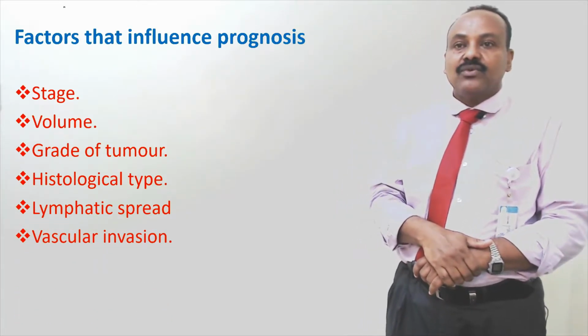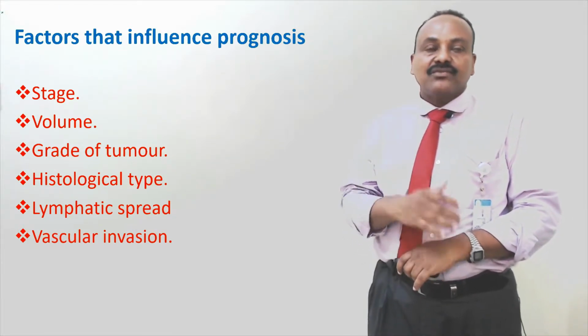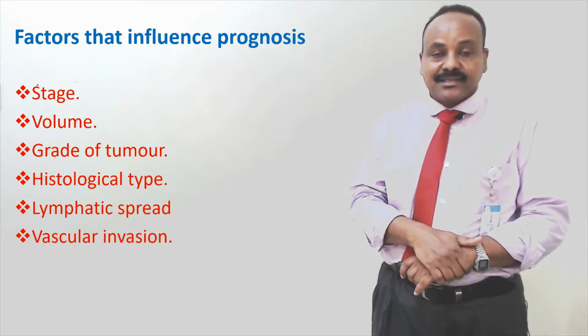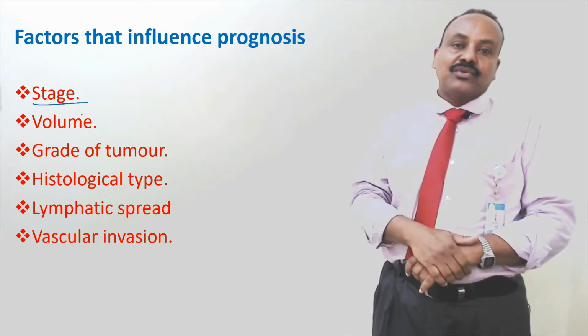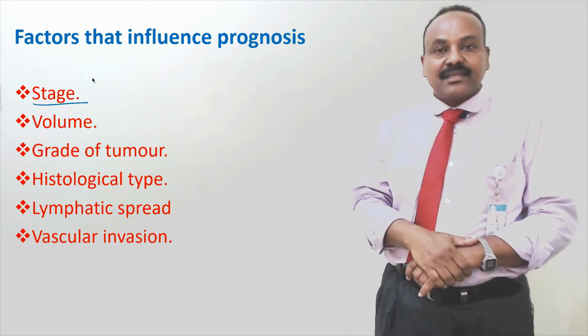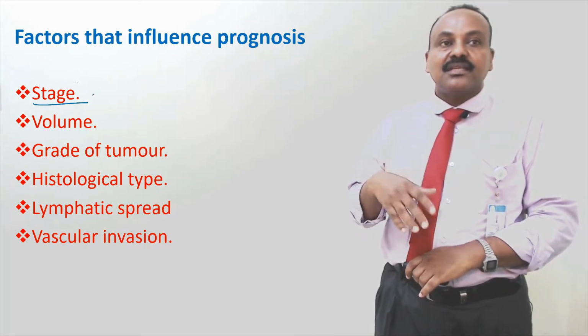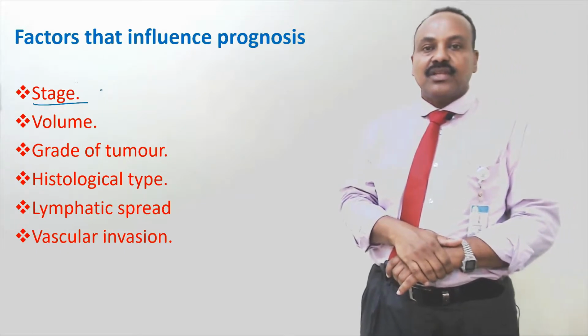Factors that influence prognosis. What are the factors? The stage of the cervical cancer is one of the most important factors that affect the prognosis. For those who come with late disease, stages involving lymph nodes, more tissues, and distant metastasis, the prognosis is very low.